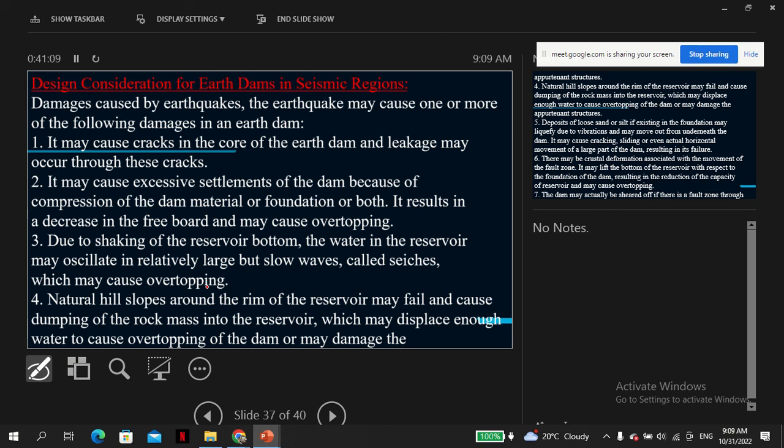And also remember the issue of resonance. Remember, an earthquake has a frequency, right? And everything has its natural frequency. Unless a class rep, please tell me, at least you know this issue. You have done vibration.